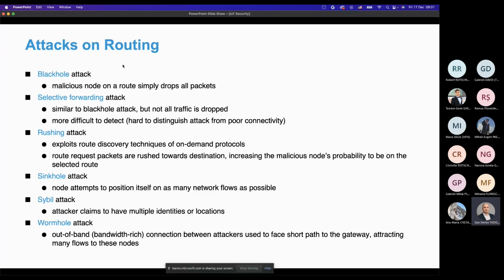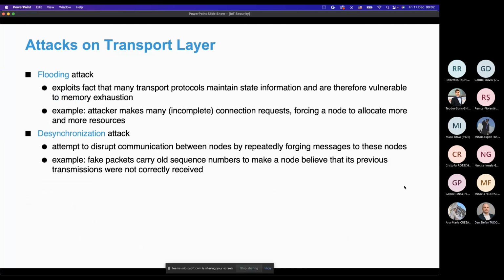So all of these attacks typically try to gain from advertising a certain compromised node as having more capabilities than usual. Moving up, attacks on the transport layer, and there are quite a few here as well, but mostly two of them are more prevalent. Flooding attacks exploit the fact that many transport protocols, such as TCP, maintain state information and are vulnerable to memory exhaustion.